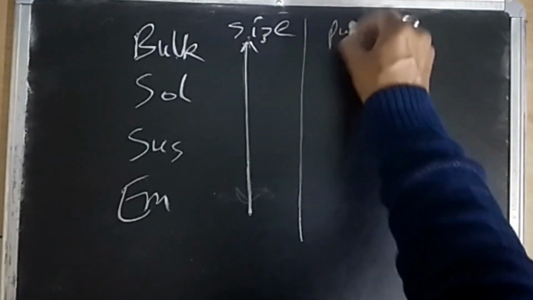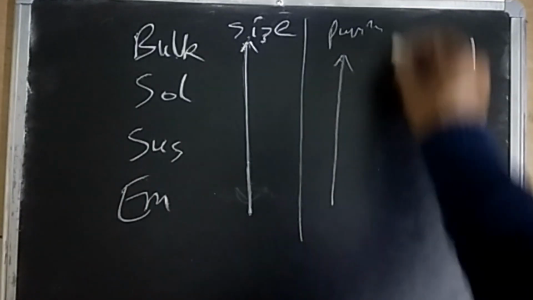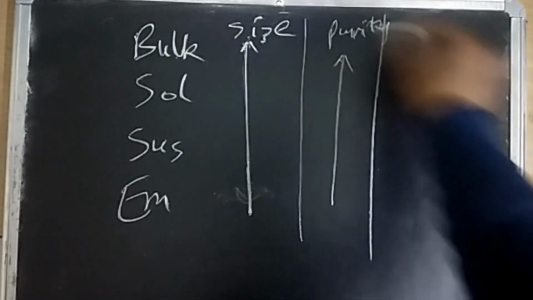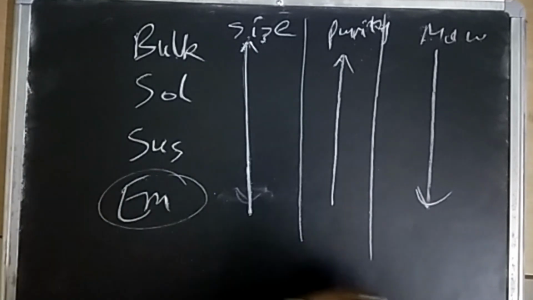Then purity is also increasing towards the bulk. Bulk is the most pure. And if we see the molecular weight, it is decreasing in the opposite direction. So emulsion polymerization technique will have the highest molecular weight.